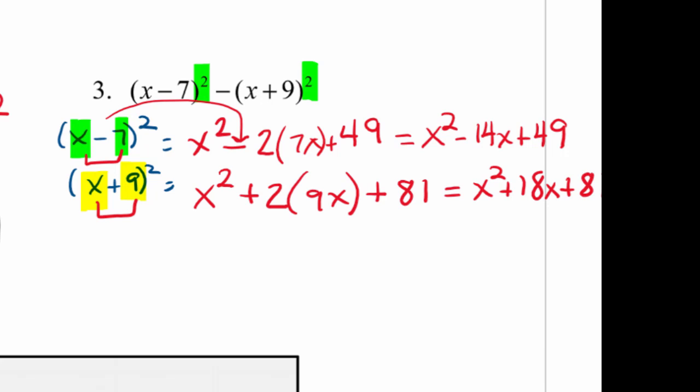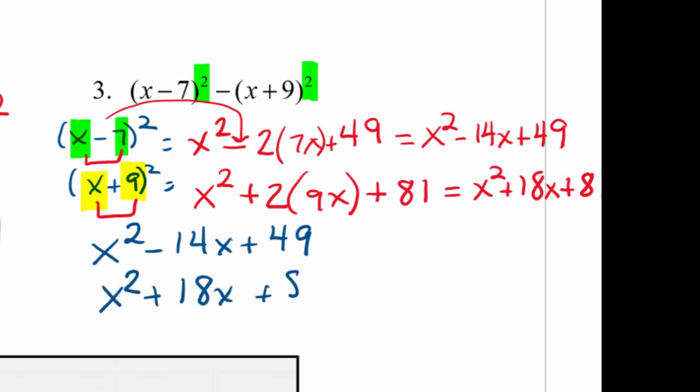These two trinomials. So we have x squared minus 14x plus 49. And then we're going to subtract. I'm going to put them right under here because they have like terms. But we want to subtract, which means we have to change all these signs. So that becomes minus, minus, minus.